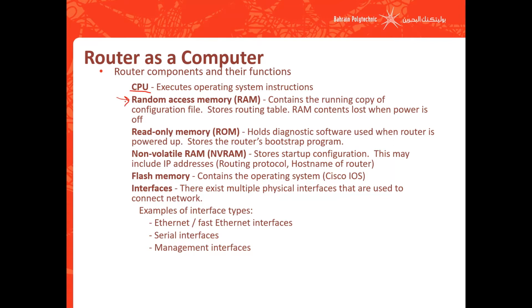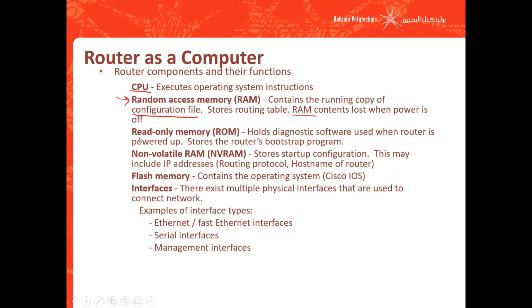Basically, the RAM on a router contains the configuration files, which is nothing but settings of the router, and it stores its routing tables and all of that. Again, we'll look at that in a minute, but remember that RAM content, whatever is stored on a RAM, is lost when the power is off. So when you switch the router off, everything is lost.